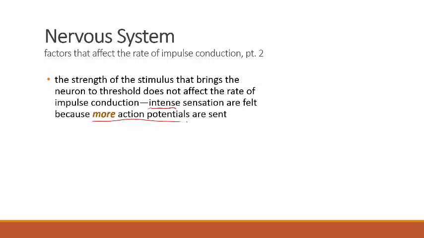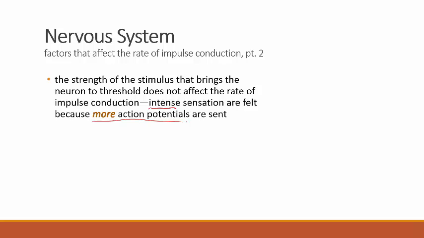If we're feeling more pain, or if we're getting a lot of bright sunlight coming in through the eye, we register the intensity of that sensation not because really strong action potentials are being sent. That's a point that I want you to get.